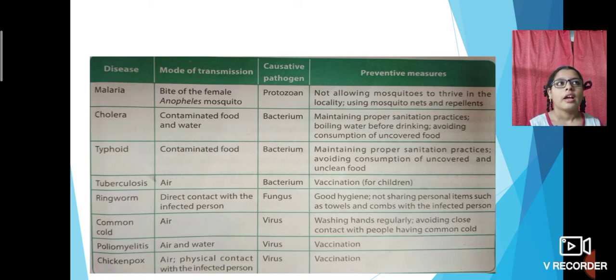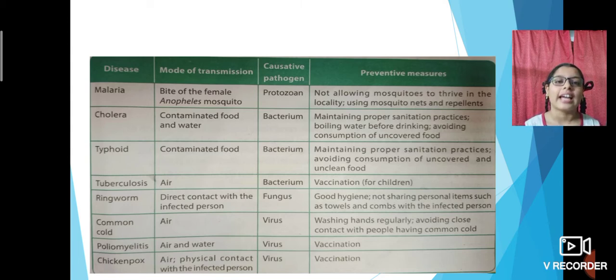You can buy them outside and arrange them near the doors, and you can prevent the mosquitoes. So this is the first disease, and how we can avoid malaria.